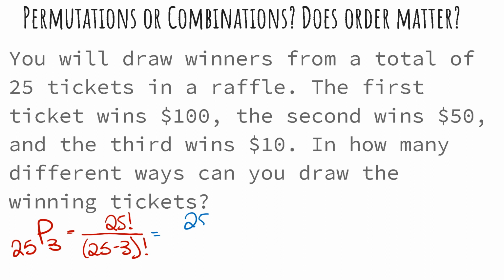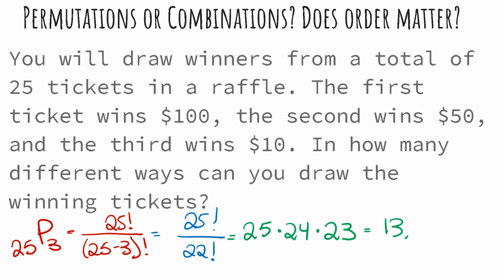So it's 25 factorial over 22 factorial. So the 22, everything less than 22 will cancel, so it'll just be 25 times 24 times 23. Which is 13,800.